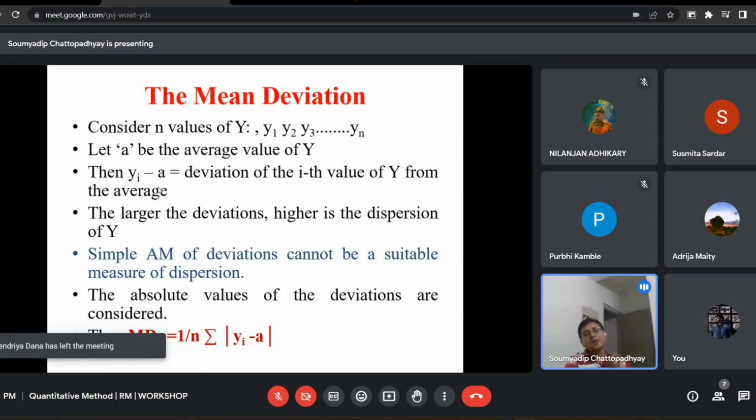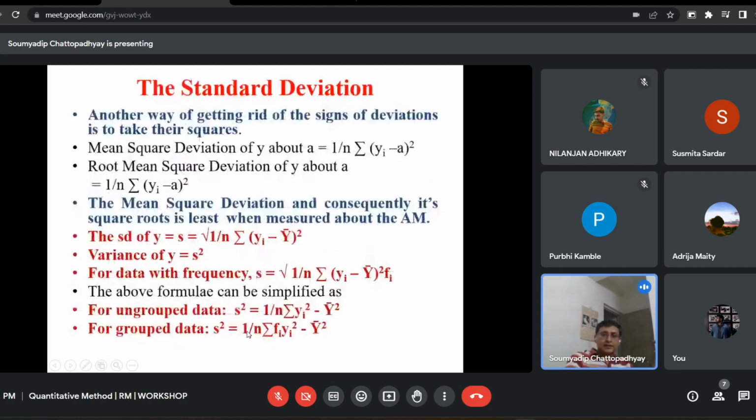So for calculating the mean deviation, instead of the simple sum of deviations, we use this formula with the absolute value. It means your negative values turn into positive values. This is how the mean deviation is calculated, and this is the calculation of standard deviation.